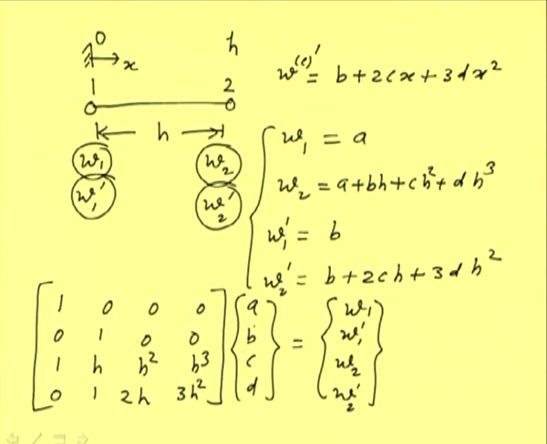Now to get a, b, c, d, we need to invert this matrix. Let us write this particular matrix in a more compact form as capital A times small a equals W. So we need to invert the capital A matrix. The vector a we can get if we invert the A matrix and multiply by the W vector.